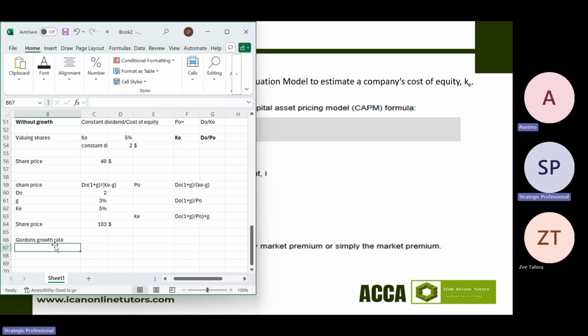Yeah, so there's another formula where you use the dividend. Let's say, for instance, we use the dividend at the end minus the dividend at the beginning, divided by the first year dividend to get the growth pattern. I'm trying to get the formula for that one.